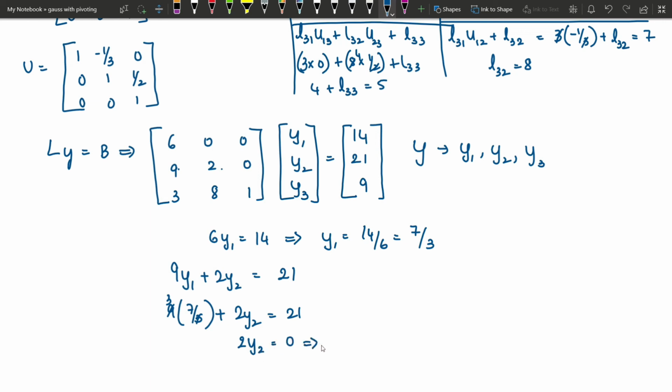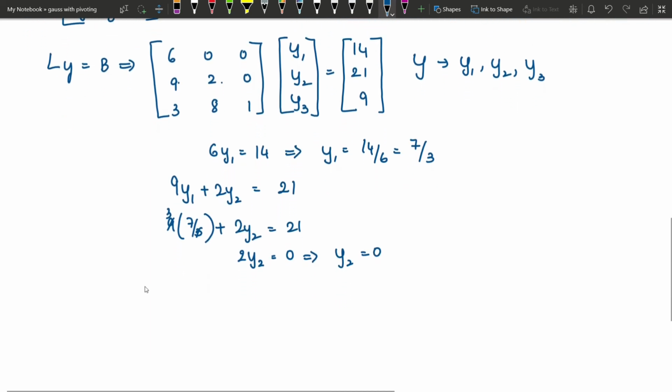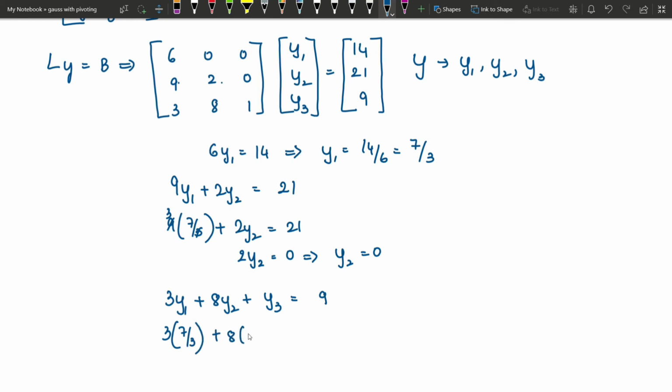We will simplify this. We get 21 here, 21 and 21 get cancelled. So 2y2 will be equal to 0, implies y2 is 0.